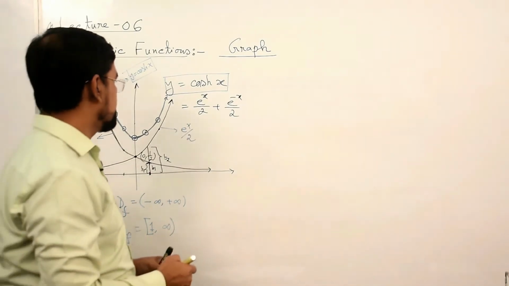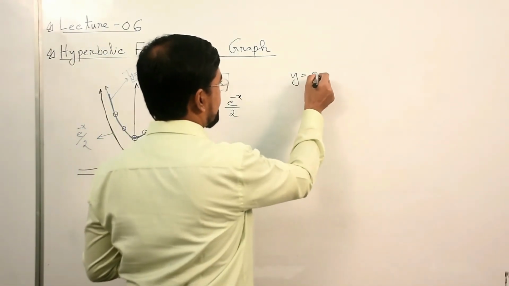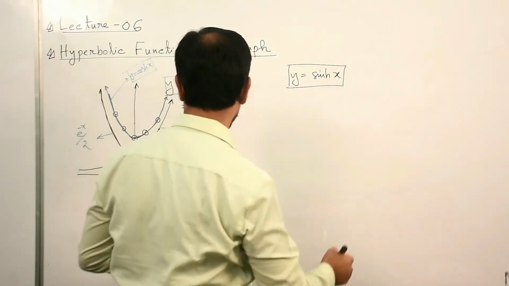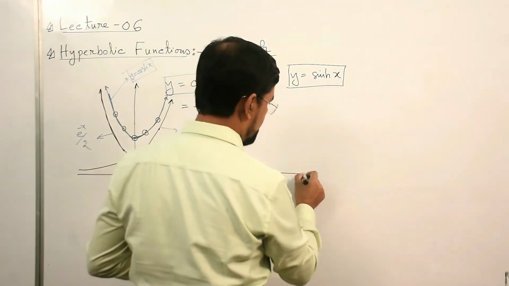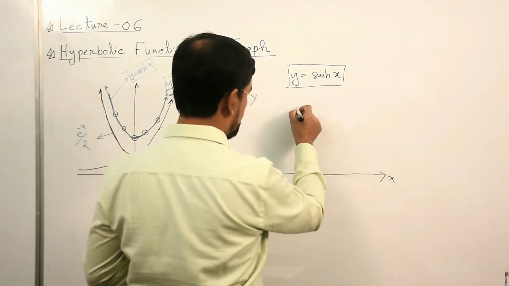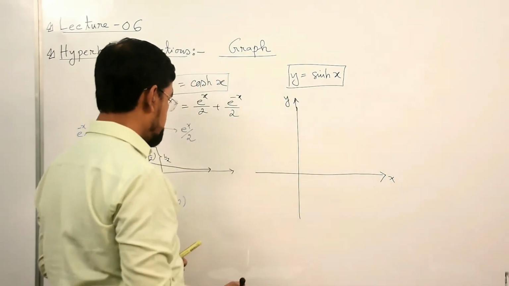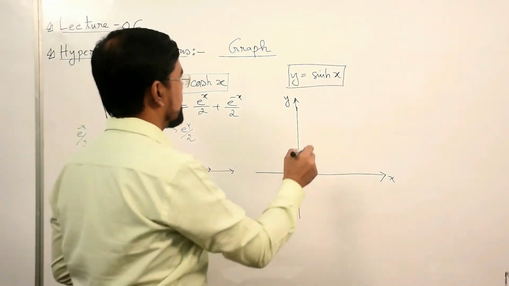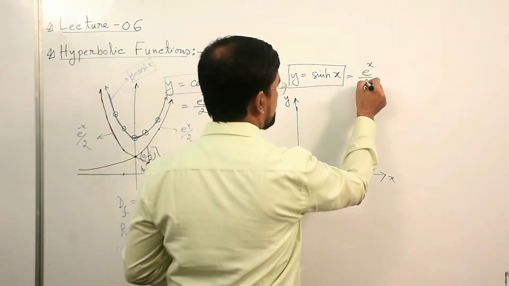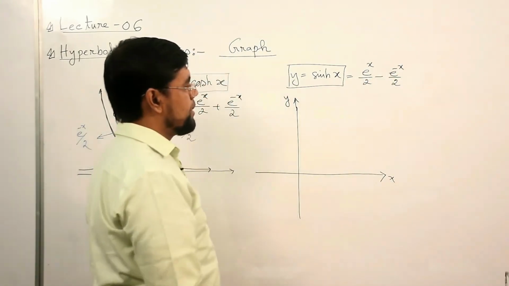And how about y equals sine hyperbolic x? Let us try to graph it. In the same way we can graph this function. This is our x-axis, the vertical axis is the y-axis, and sinh x is equal to e to the power x over 2 minus e to the power minus x over 2.